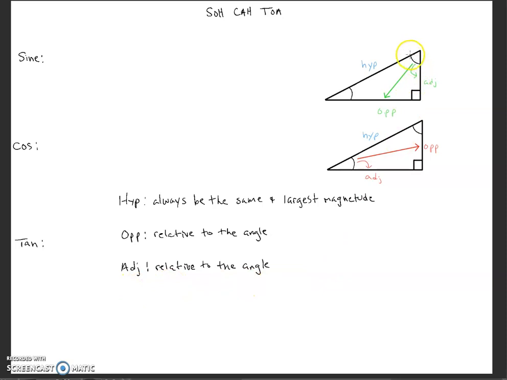For example, here, if I'm looking at this angle right here, kind of just like an eyeball looking down the other way, relative to the angle, this segment here is opposite the angle, and this side is adjacent to the angle. Whereas if we're dealing with this angle, the segment opposite becomes this side, and the segment adjacent becomes this side. And the hypotenuse will always be the hypotenuse.